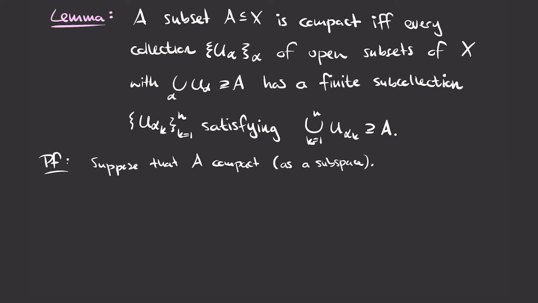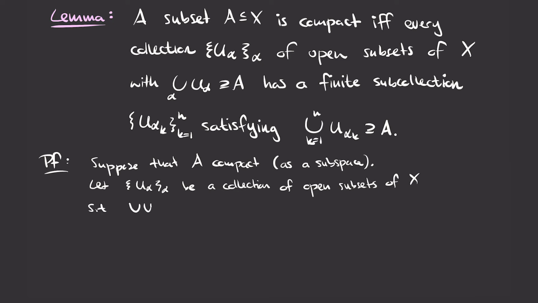Okay, and now we need to show that for every collection of open subsets of X which cover A, we have a finite subcollection that still cover A. So for this we let U alpha be a collection of open subsets of X that cover A in the sense that their union contains A.